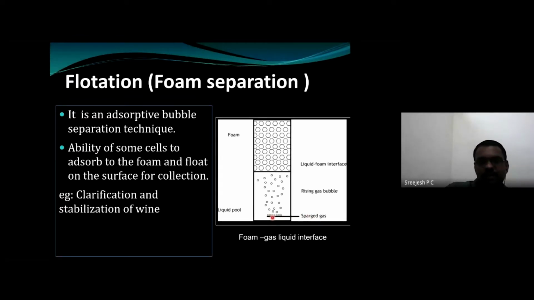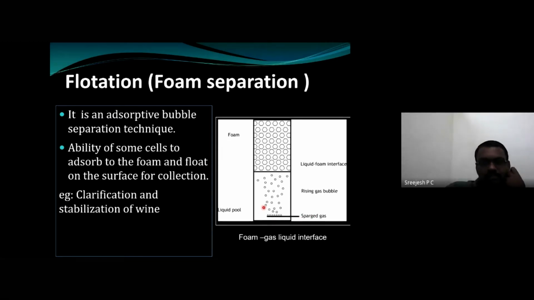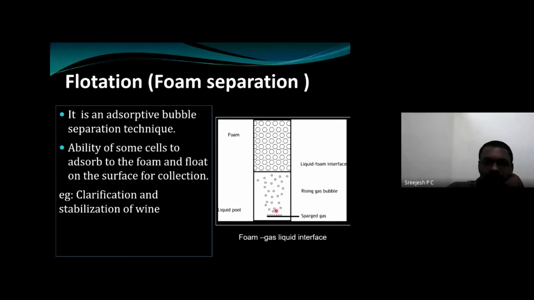When you are sparging the air, it can be atmospheric air, or it can be an inert gas like nitrogen or carbon dioxide. When the fine, small bubbles rise up in the column, adsorption of materials takes place.